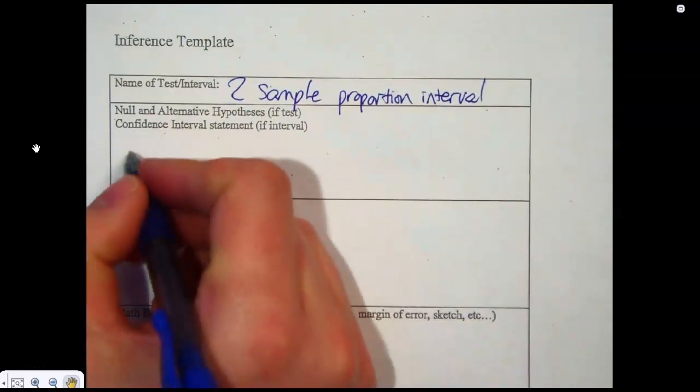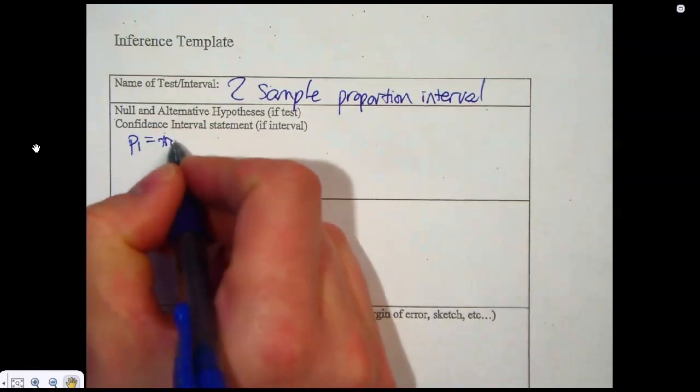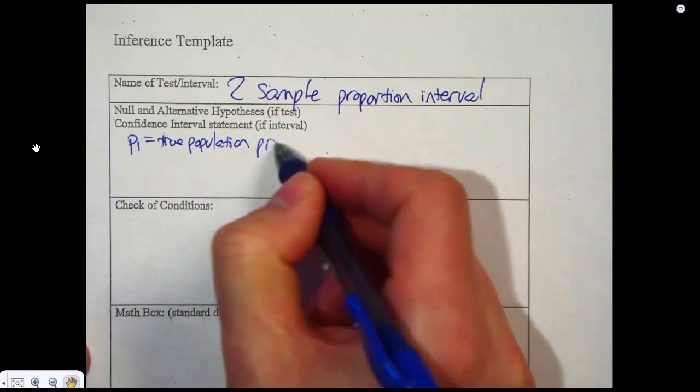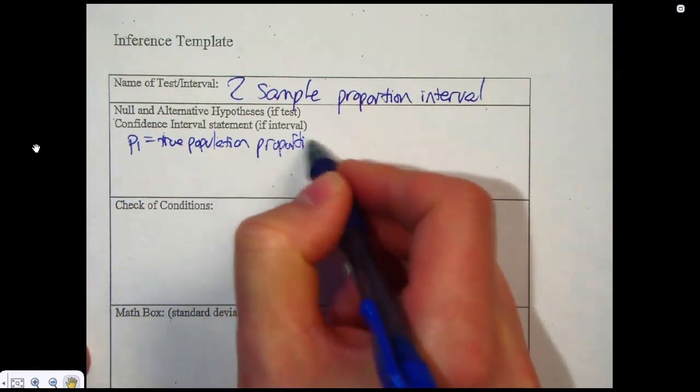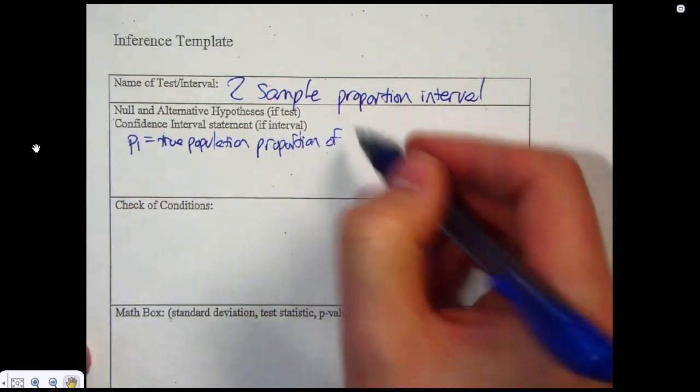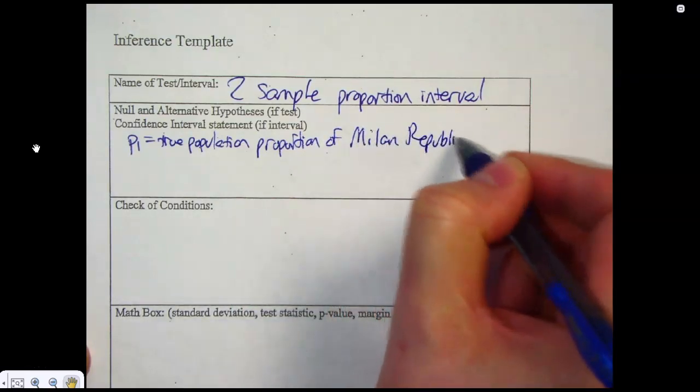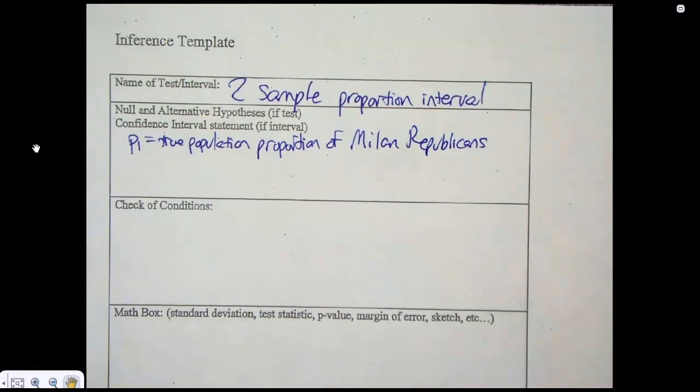So then I'm going to say P1 equals true population proportion of, and I'm going to make Milan my P1. Milan Republicans. But you can make Saline your P1. That wouldn't be wrong. You're just labeling it differently than I did.